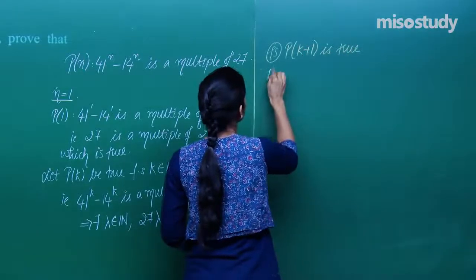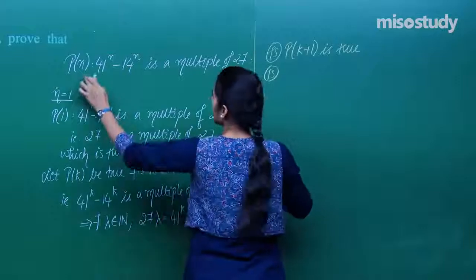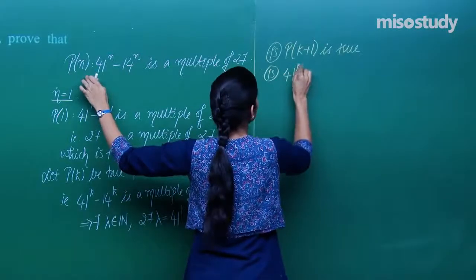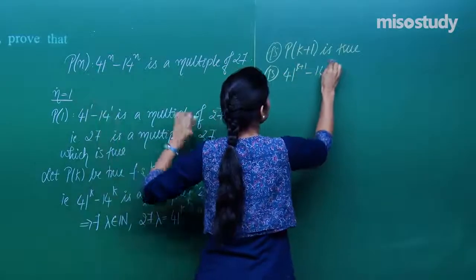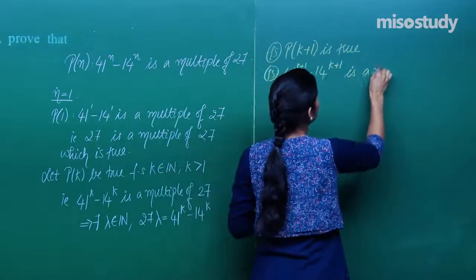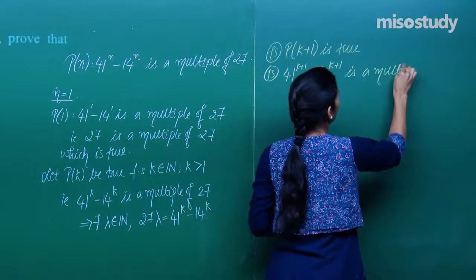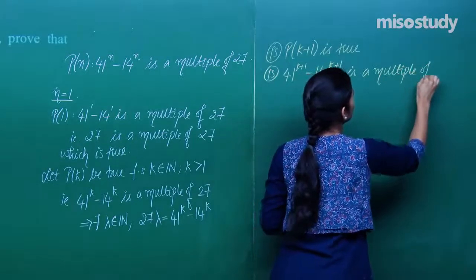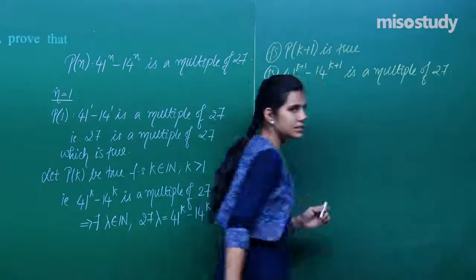That means I have to show what? Pk plus 1, that means 41 to the power k plus 1 minus 14 to the power k plus 1 is a multiple of 27. I have to show this.